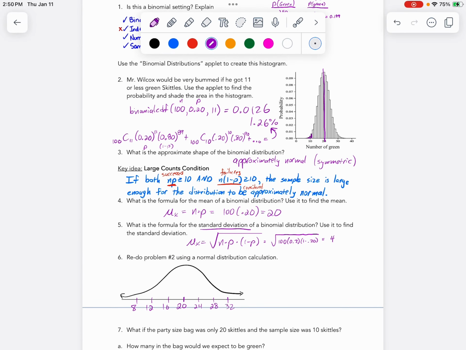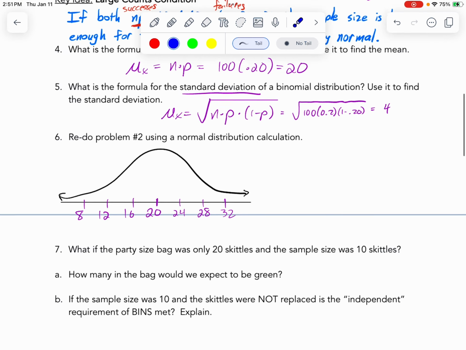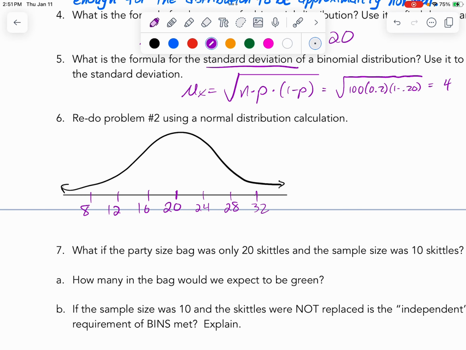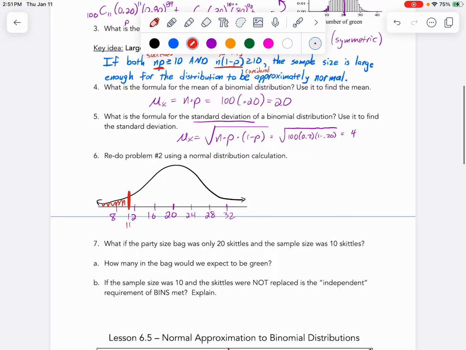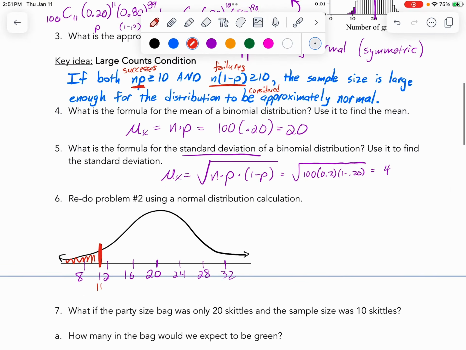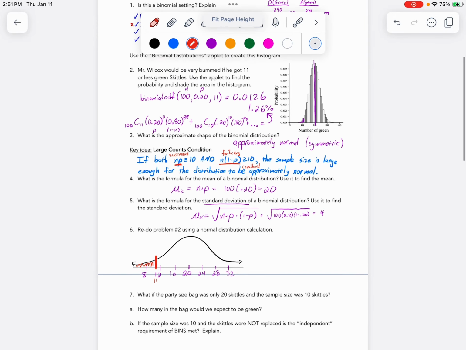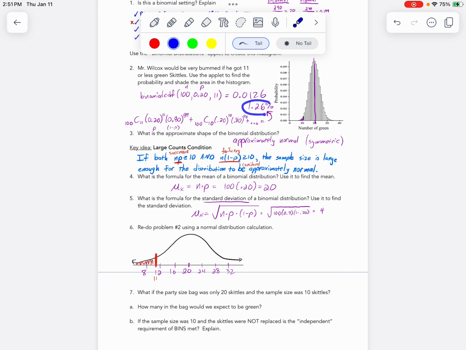And what was Mr. Wilcox upset about? If he got 11 or less, he'd be bummed. Okay, so where is that on my normal curve? Roughly 11 is right here, right? 11 Skittles. 11 or less, and he'd be upset. The binomial approximation had this shaded percentage as 1.26.